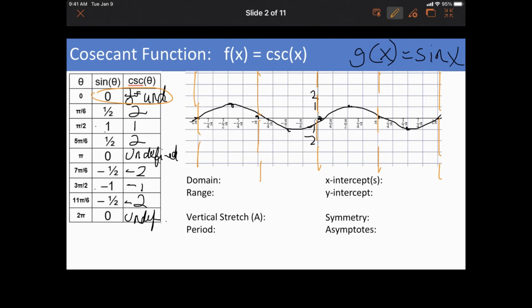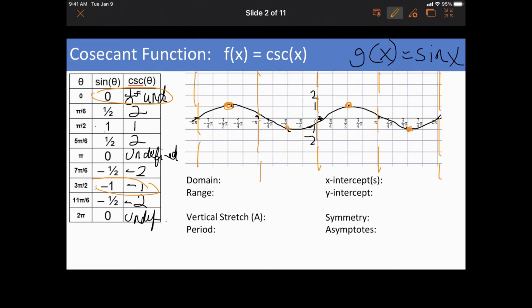Right? And anytime it was 1, okay, that's the highest point here, it's the same, right? Or sorry, here. And then when it was negative 1, it was the same. Okay.